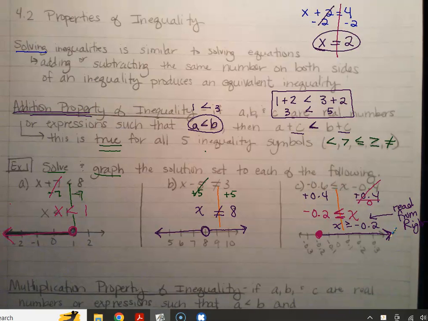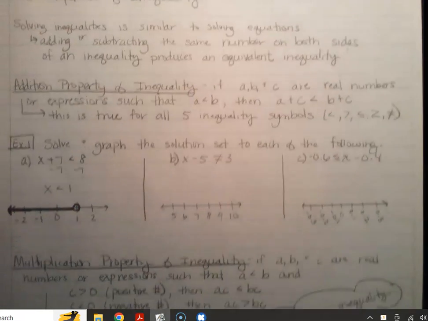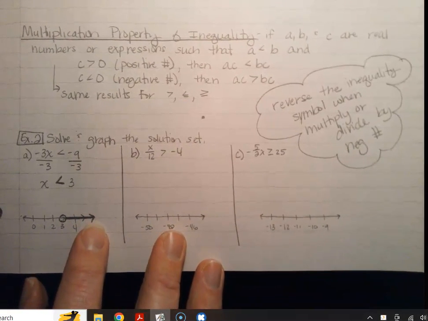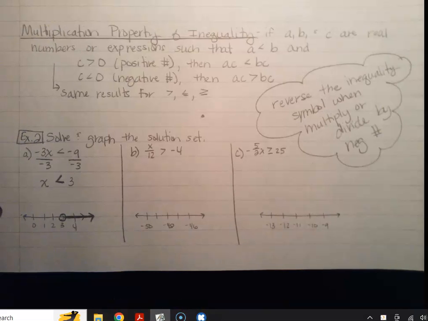Let's move on down to the multiplication property of inequality. It says if a, b, and c are real numbers or expressions such that a is less than b, we have two different situations. When c is greater than 0, a positive number, then ac is less than bc.